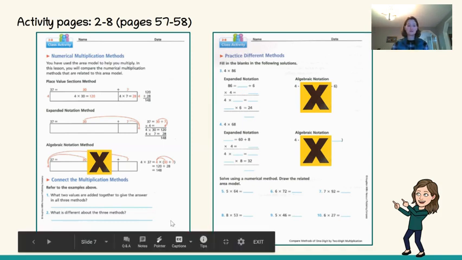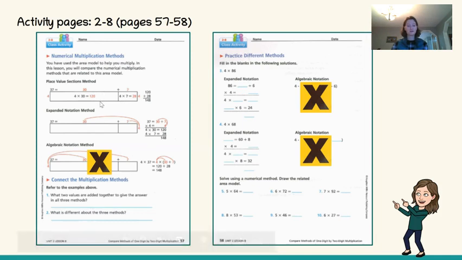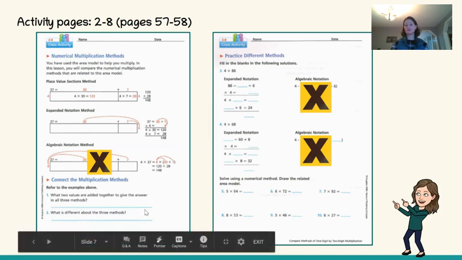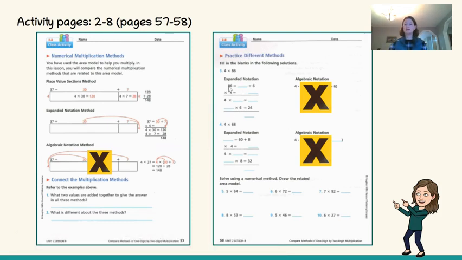On page 57, the first page here, you are comparing in these two methods what values are added together. Just look at the two methods we've studied, the place value sections method and the expanded notation method, and then what's different about those methods? On the second page, this is your practice.